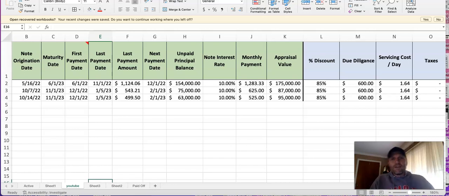Out of the nine, I took three, and these aren't the actual numbers. I just want to make sure that I modify the numbers, just until I get things under contract, until I know for sure.